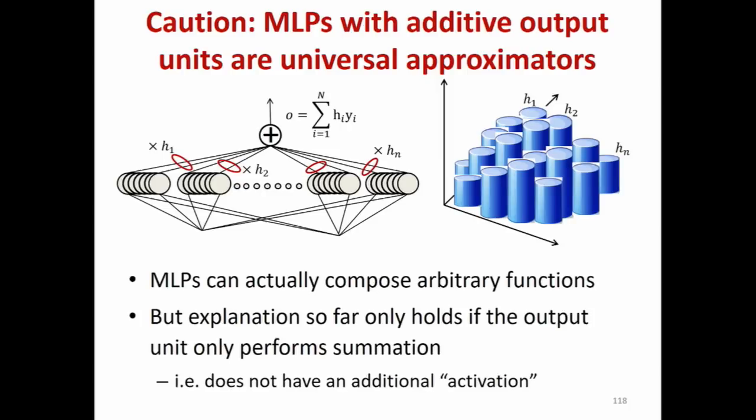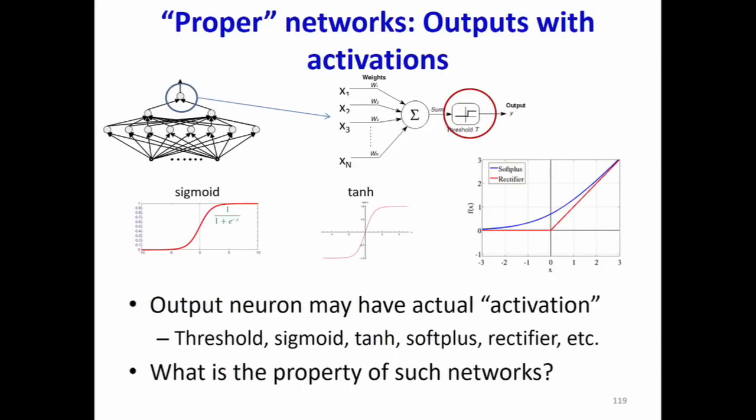So the thing over here, I call it a universal approximator, but I assume that the outputs of all of these subcircuits are being added. When we looked at perceptrons, what did we really have? You had an activation function operating on the affine combination of inputs, right? So when I include an activation function, the final unit in the network has some activation function operating on the affine combination, which could be a sigmoid, a tanh, a soft plus, a rectifier, whatever else.